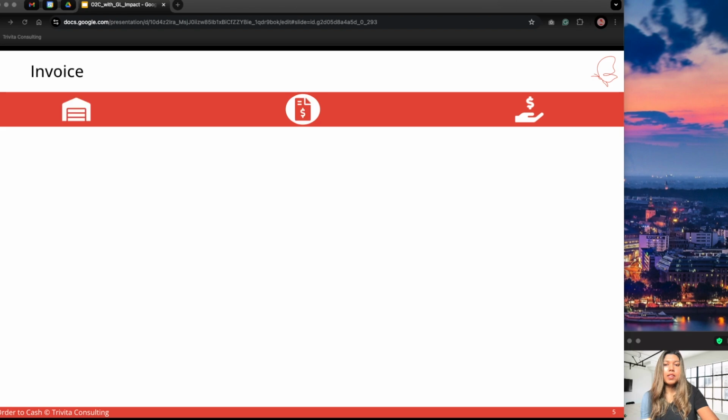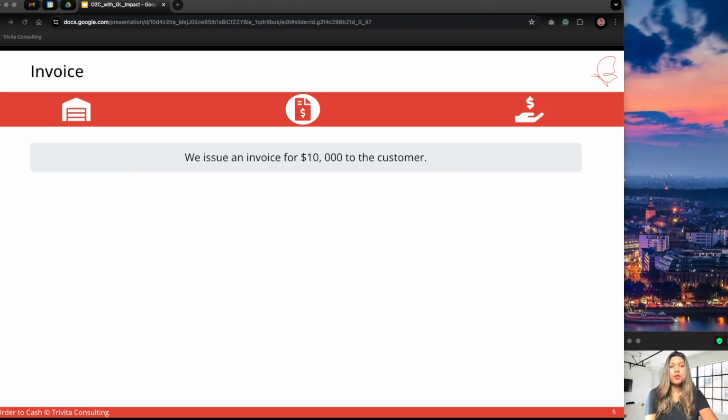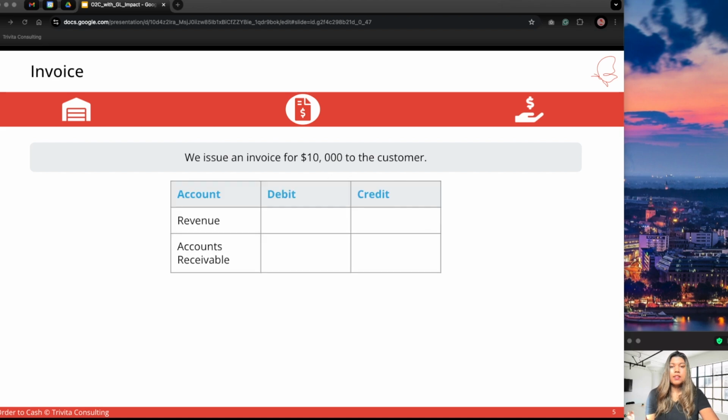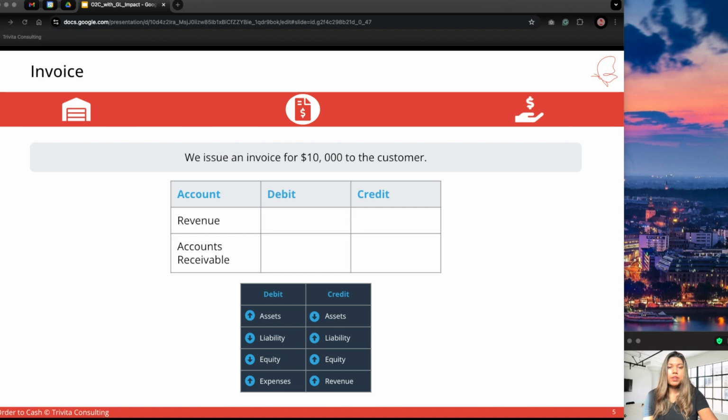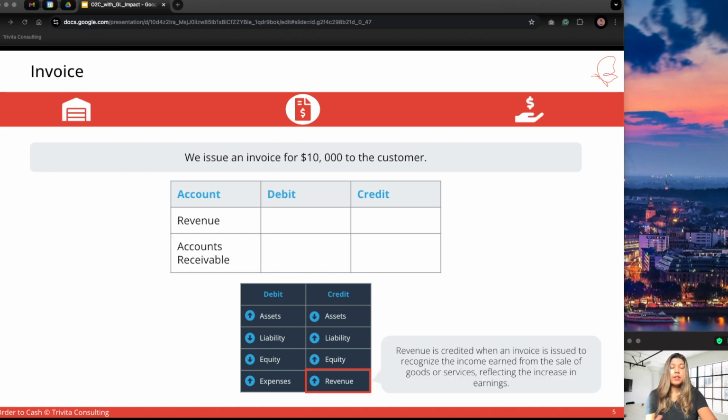Next step is invoicing. So once the items are fulfilled, an invoice is generated. This step has a significant impact on two accounts. So we have first our revenue account and second our accounts receivable. Revenue is located on the income statement, and in this example it is credited since we are recording the income earned from the sale.